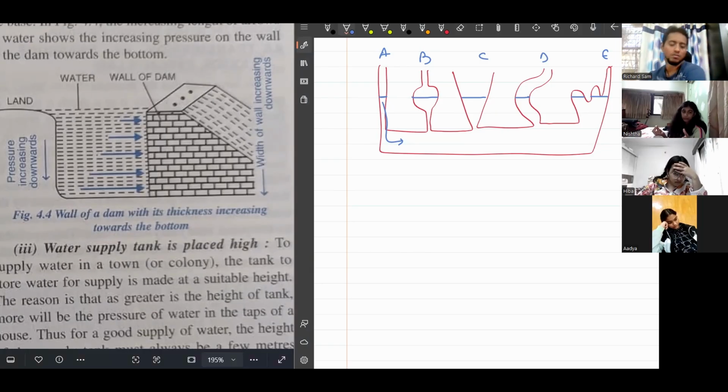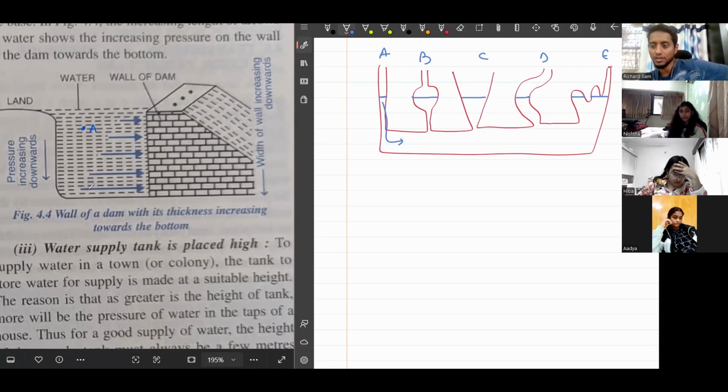So the pressure is exerted in all directions. All directions inside a point. Suppose you're at a certain point, say this point A. At this point A, pressure is exerted on both sides. But why is the lower portion of the dam wider?